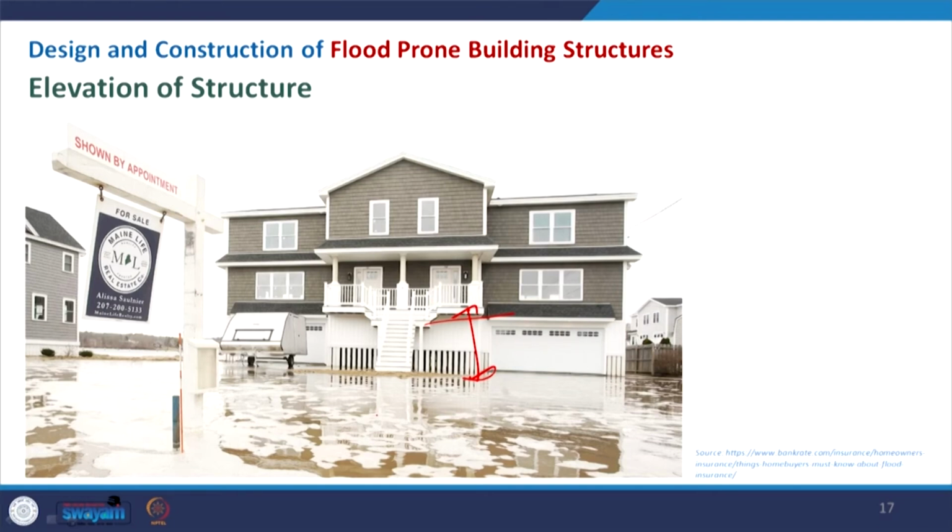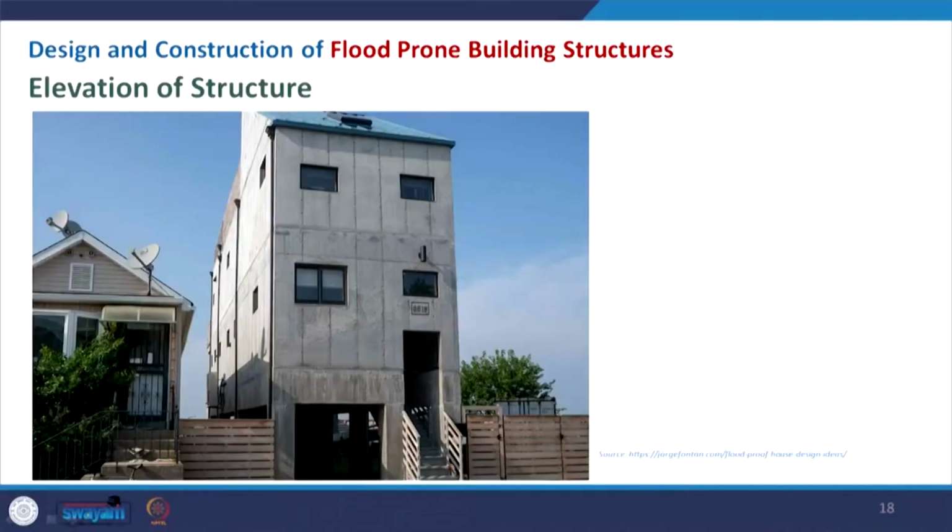So the access to your room is quite above the base flood elevation. So this is considered to be safe or having better performance during the flood. This is again the same case where you can see with this particular stair you have the level quite high, and this could help during a flood of maybe 4 feet depth or something.